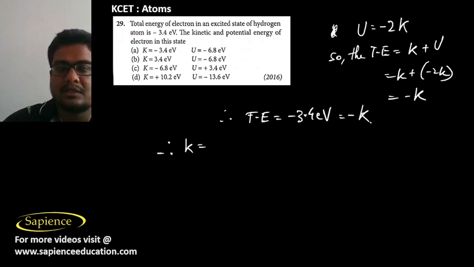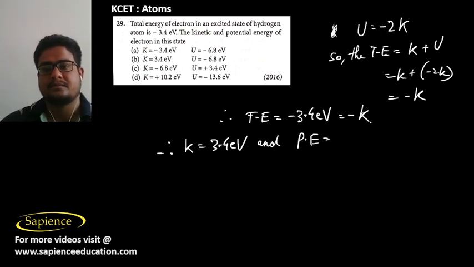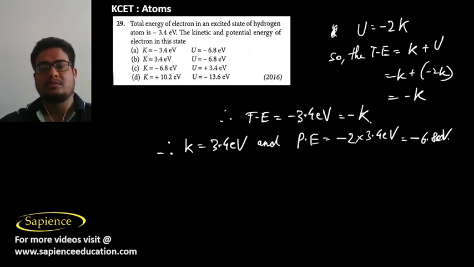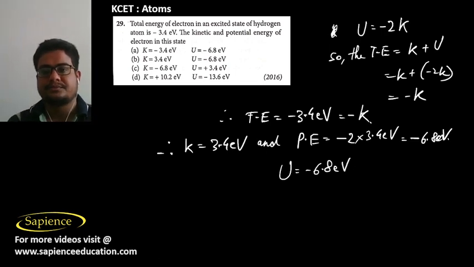So the kinetic energy is 3.4 electron volt, and the potential energy will be minus 2K, which is minus twice 3.4 electron volt, equal to minus 6.8 electron volt. So option B is the correct answer.